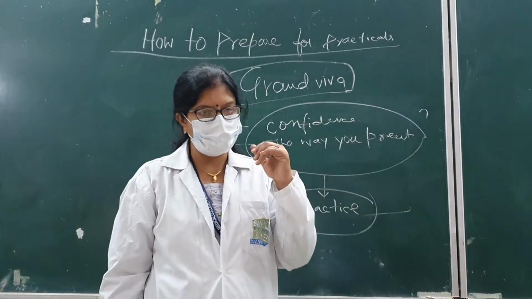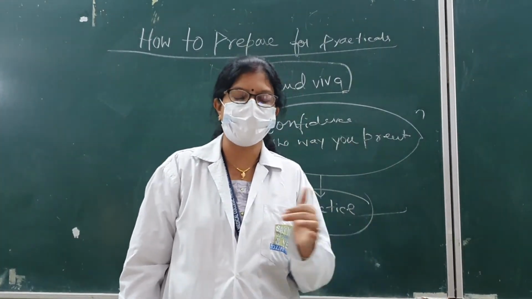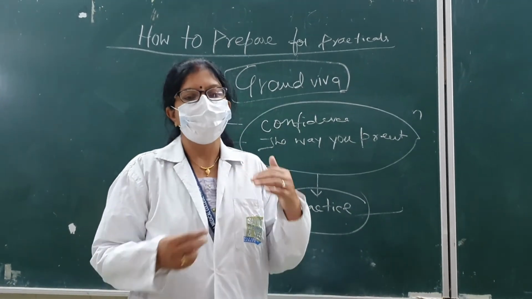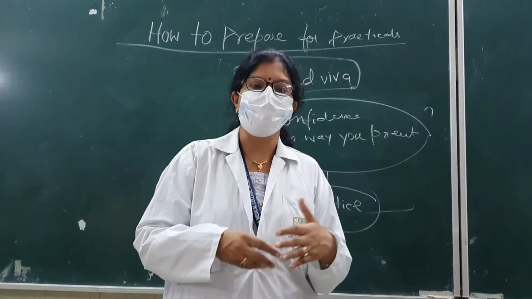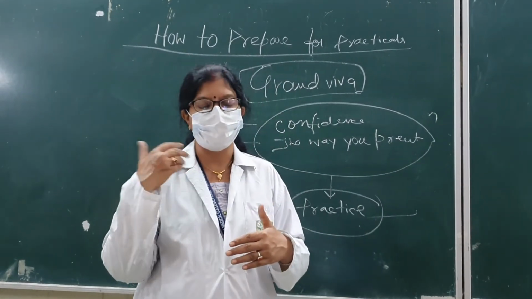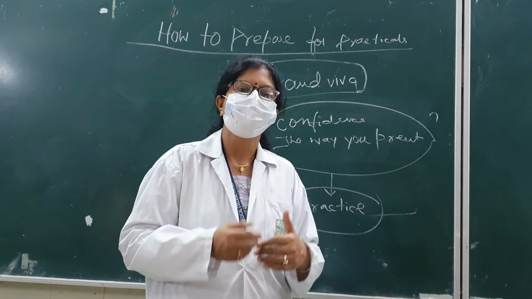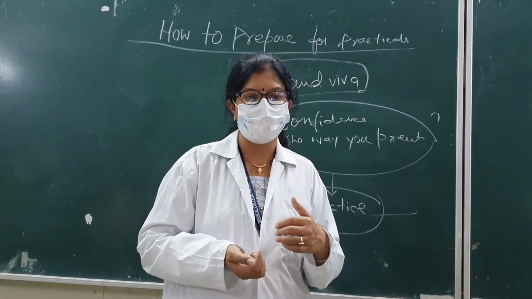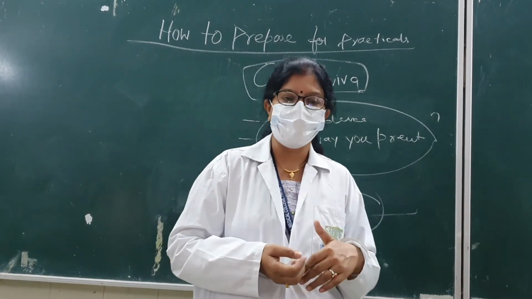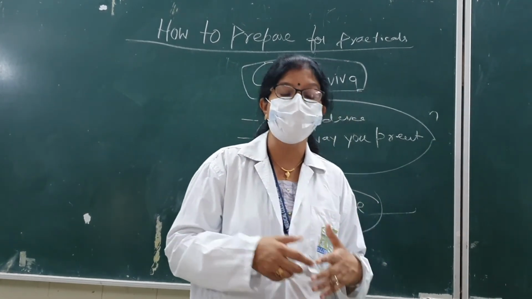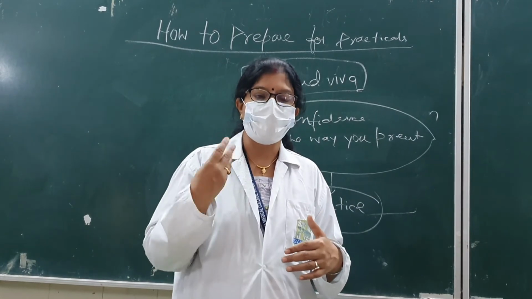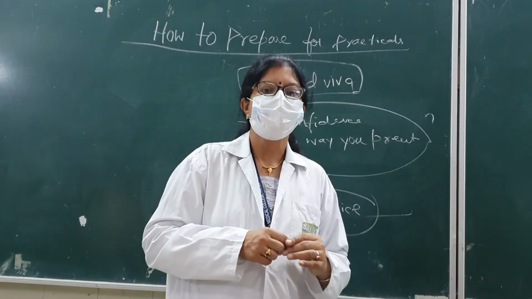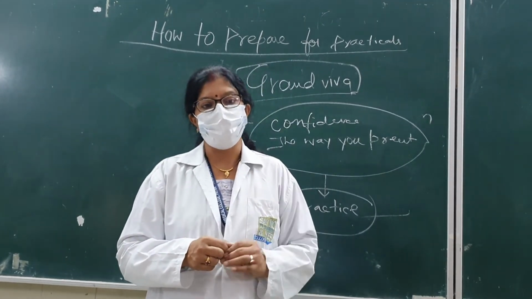If you don't have any friend or partner with whom you can discuss, then you should go in front of a mirror and start practicing. This is this bone, this is a long bone, this is a short bone, this is the femur of the right side, this is the femur of the left side, and this is the anterior border, posterior border. You have to speak multiple times to get a good result in the practicals. OK, so that is the most important thing.